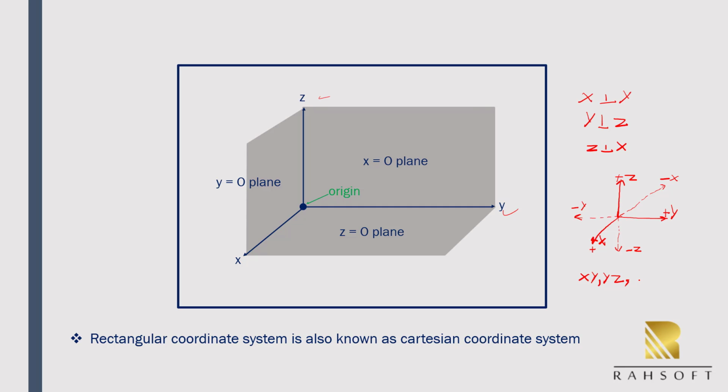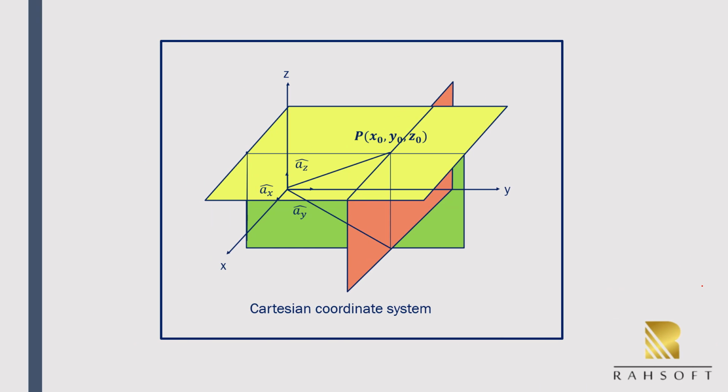Here we have the xy plane, yz plane, and xz plane. These three planes intersect in a single point. You can easily understand what the Cartesian coordinate system is.